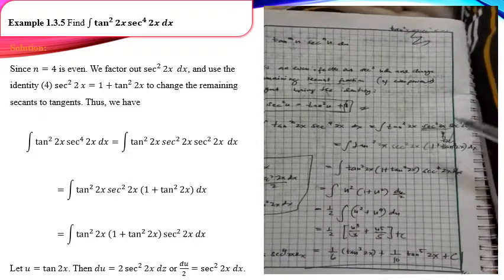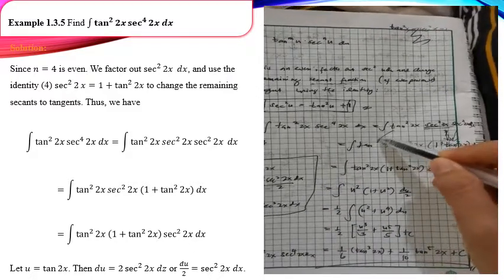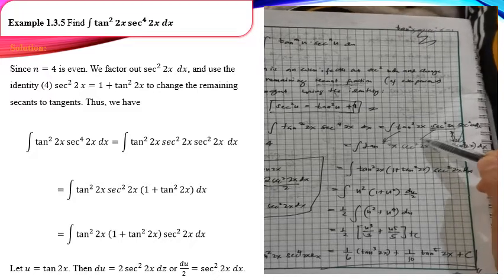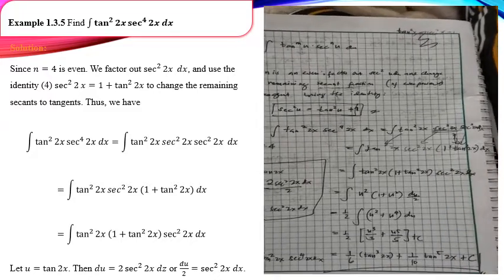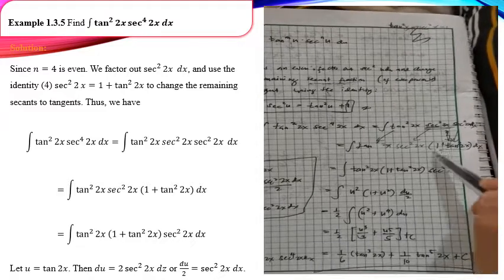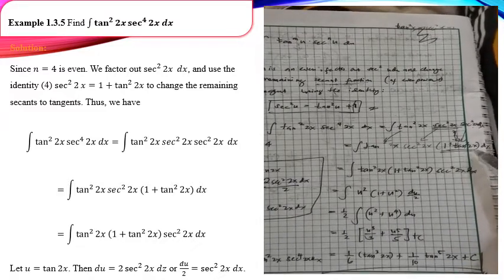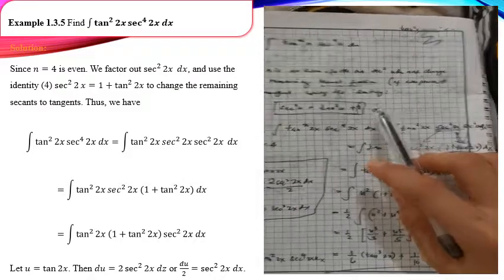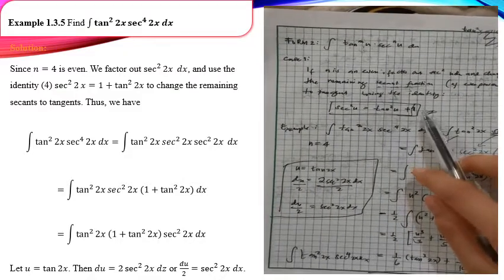Okay, so that's why eto si tangent squared 2x, eto siya si secant squared 2x na factor out natin, and then yung pinaka last na secant squared 2x is ni-replace natin siya as 1 plus tangent 2x quantity squared according to the condition in case 1.